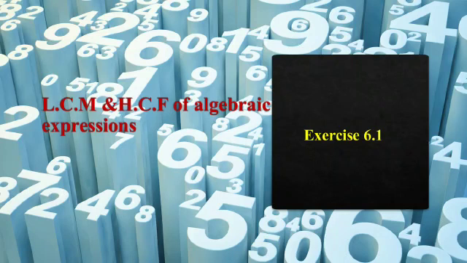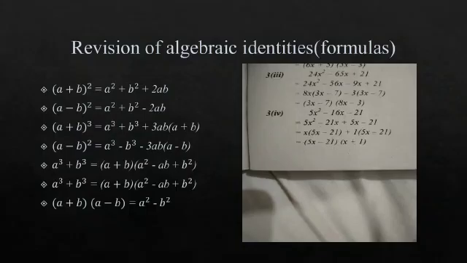Factorization of algebraic expressions, five types of factorization are there in exercise 5.1. And then in 5.2 you also factorized different types of algebraic expressions. So it is very important that you revise all the formulas which were used in chapters 4 and 5 especially. That's why I have given their important algebraic expressions.